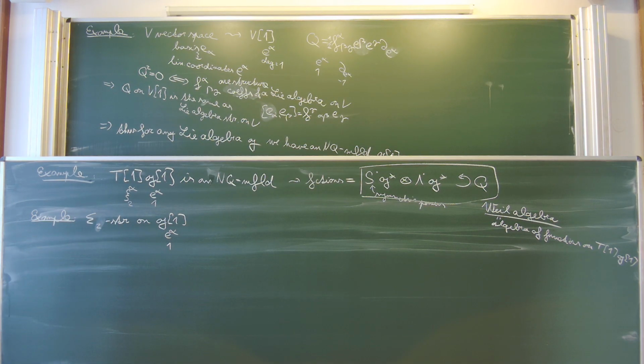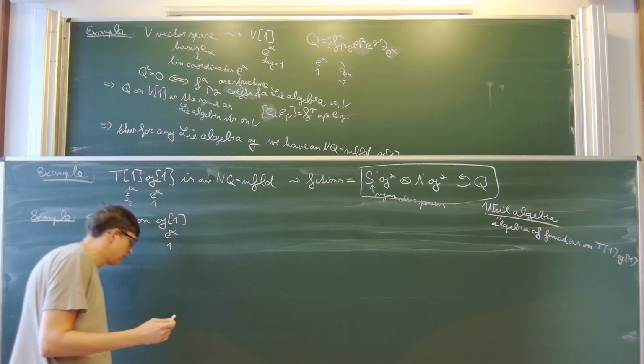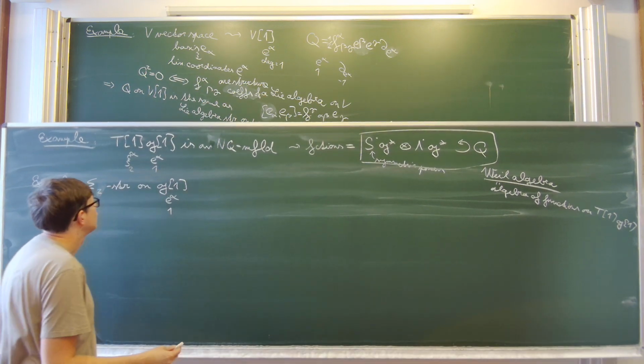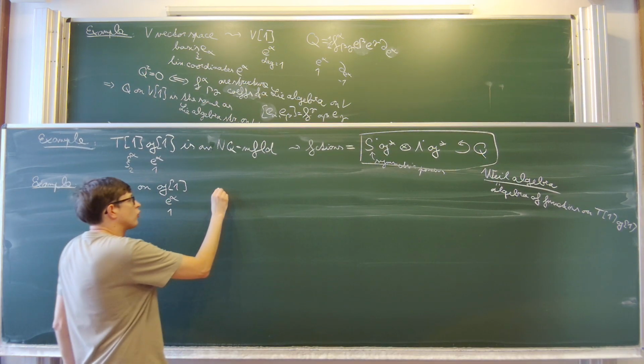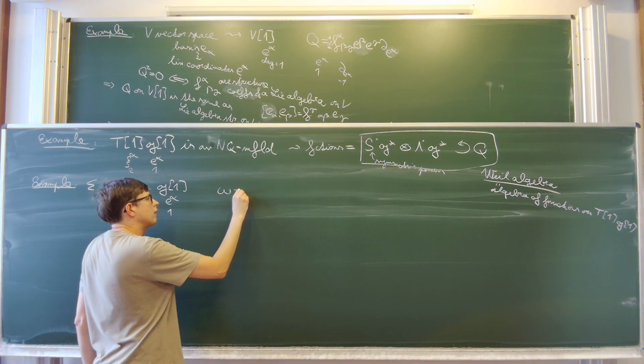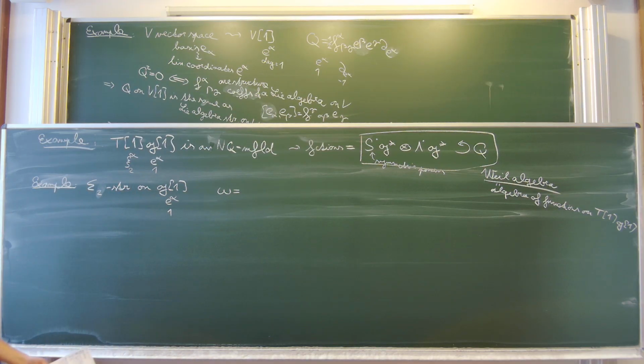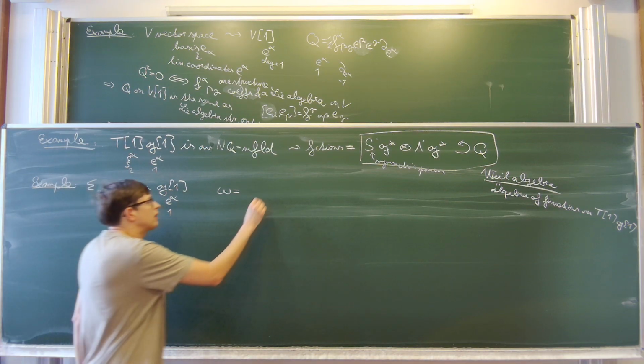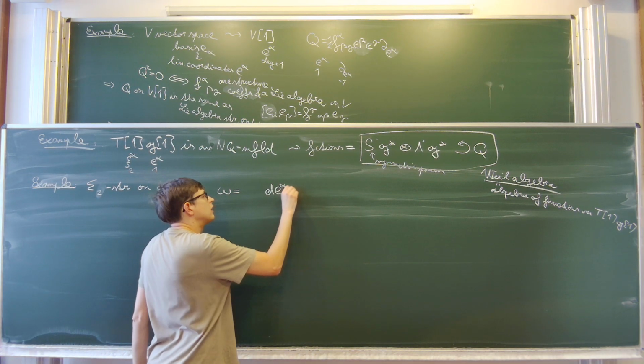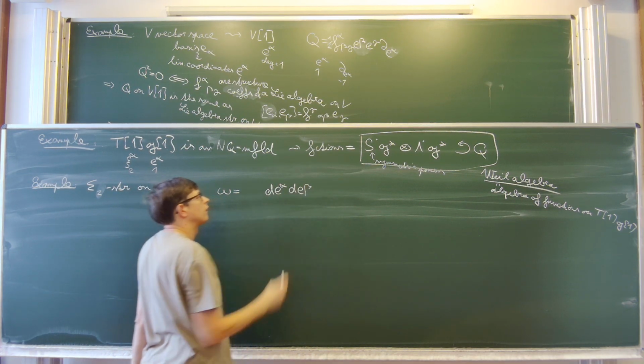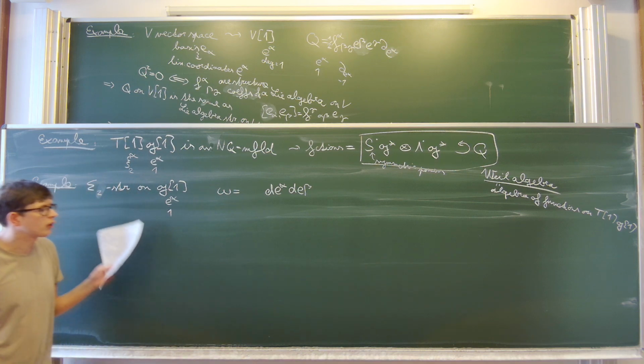So a sigma-2 structure on here, what does it mean? Well, it means a symplectic form. So we are looking for a symplectic form, and it should be of degree 2. So it should have precisely two of these guys appearing. So it can be nothing else than just dE_alpha, dE_beta.